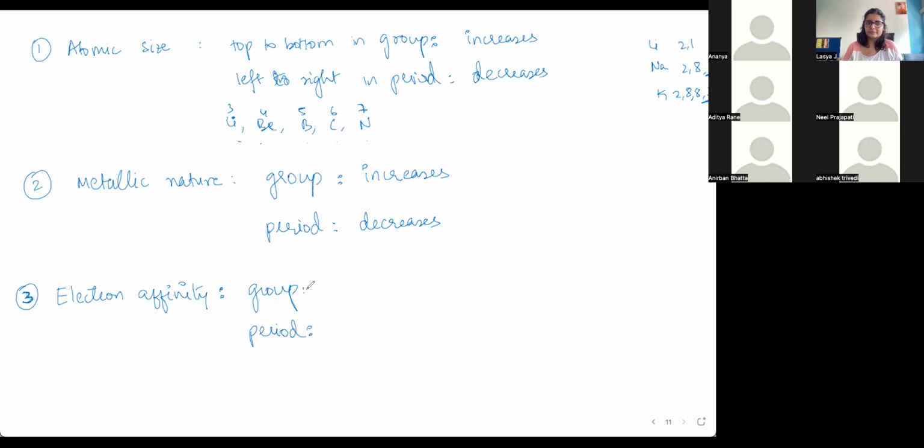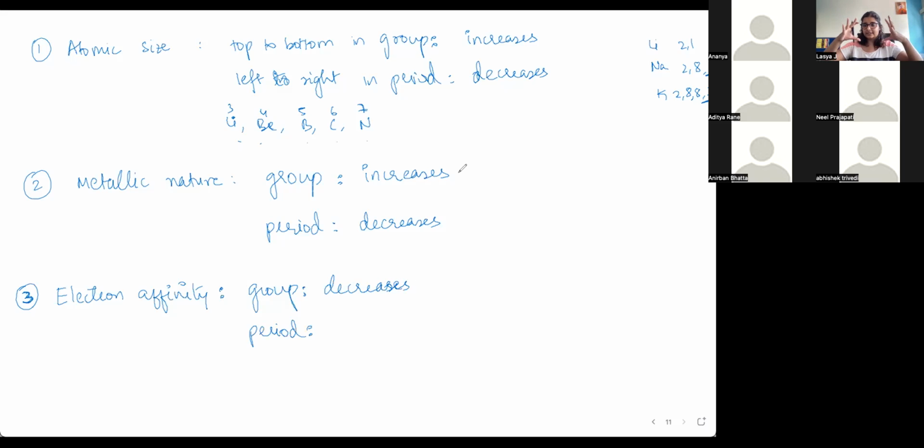No. Think of it: electron affinity is the likability to electrons. So top to bottom, it decreases. It is the reverse of what happens to the size.